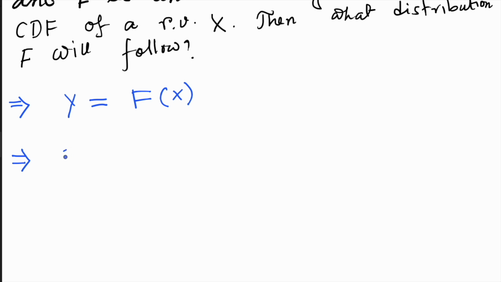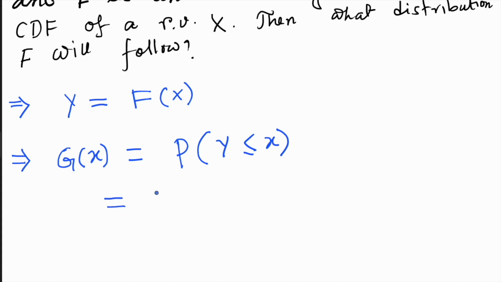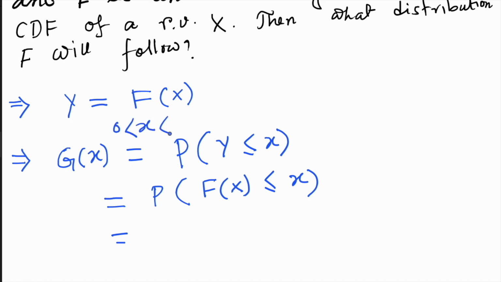Suppose that cumulative distribution function is G(x). This means the probability that Y is less than small x. So this means the probability that F(X) is less than small x, and here x means y, and this x should belong between 0 to 1.